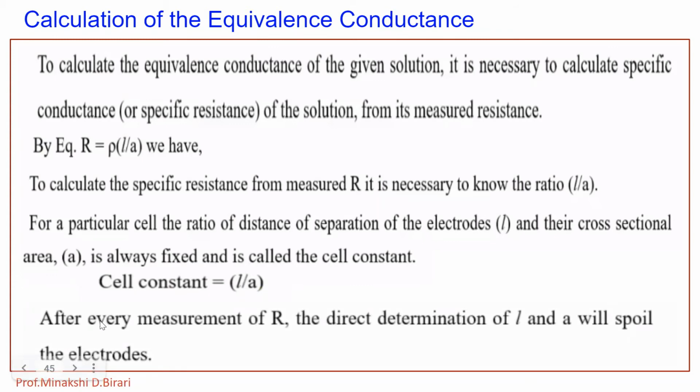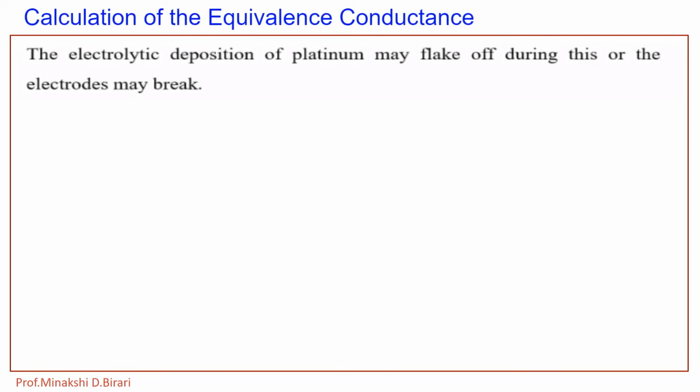After every measurement of R, the direct determination of L and A will spoil the electrodes, and the electrolytic deposition of platinum may flake off during this, or the electrodes may break.